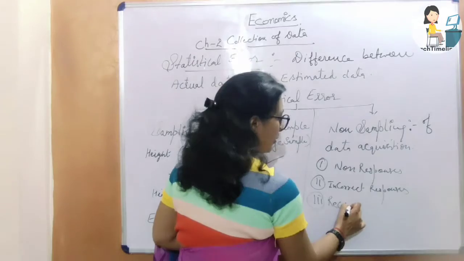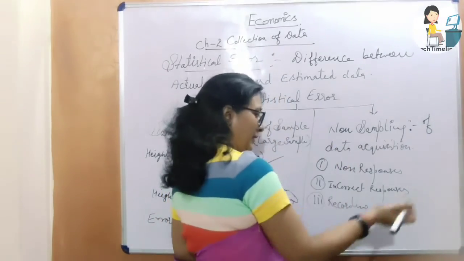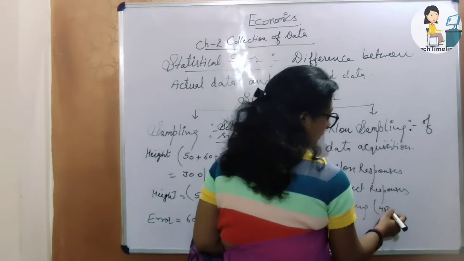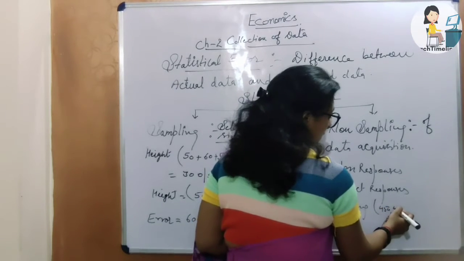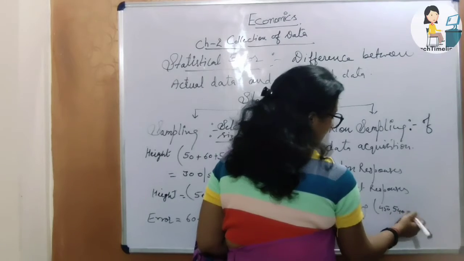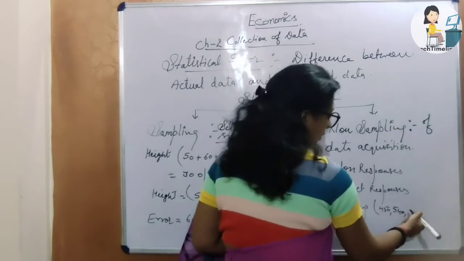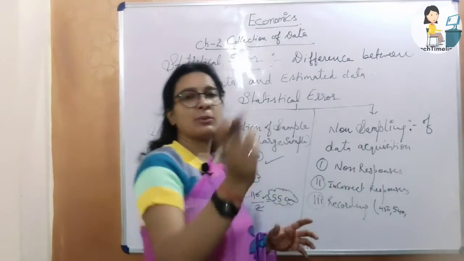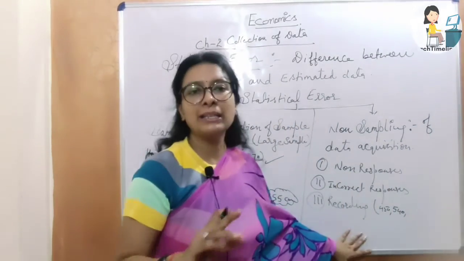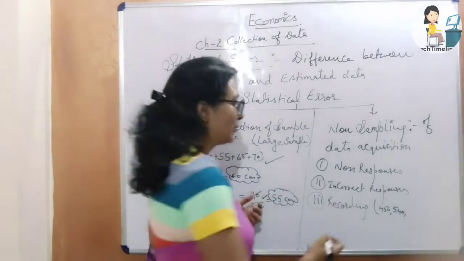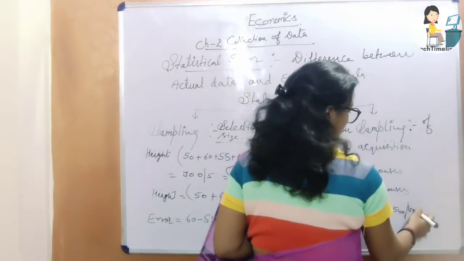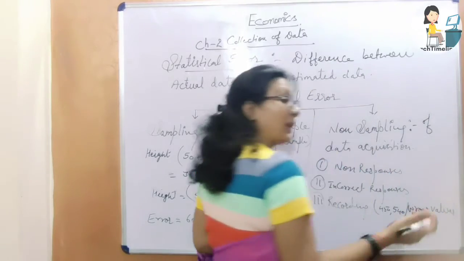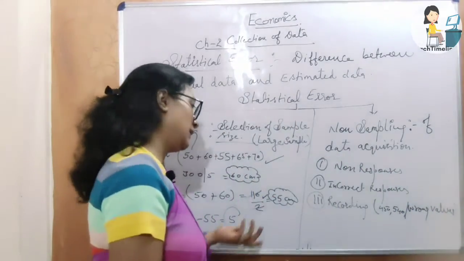Recording. The recording of data is done, and at that time, many times we may have recorded 450 instead of 540, or 440, or recorded some other value instead. While recording the data we may have recorded the wrong value. If we apply the formula on wrong values, we get wrong answers.